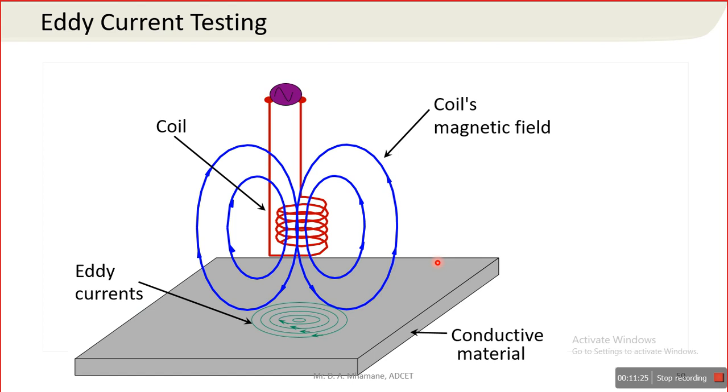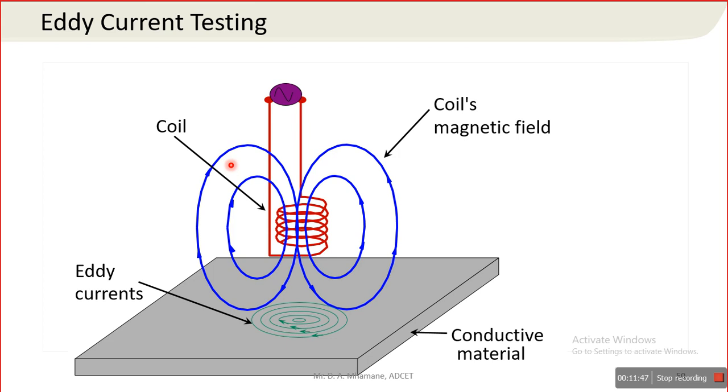This is regarding the principle of eddy current testing. Eddy current testing is based on the principle of electromagnetic induction. The theme of eddy current testing is electromagnetic induction. What happens exactly?